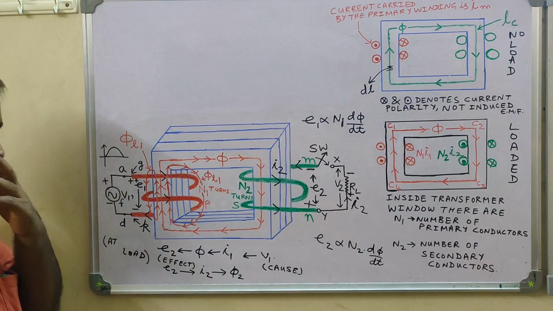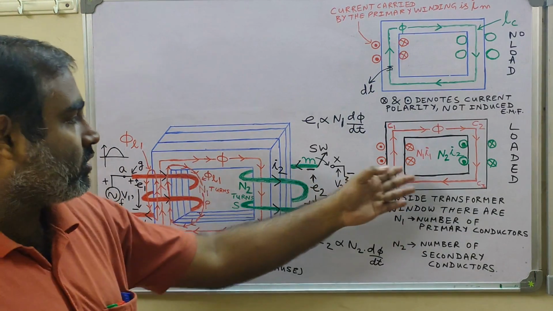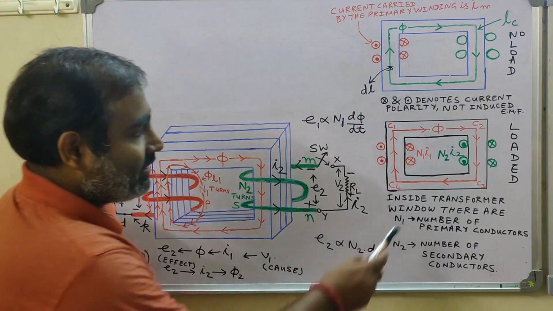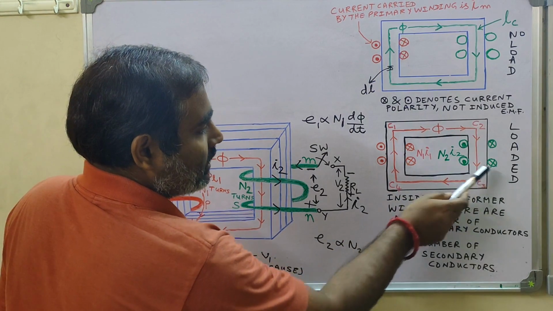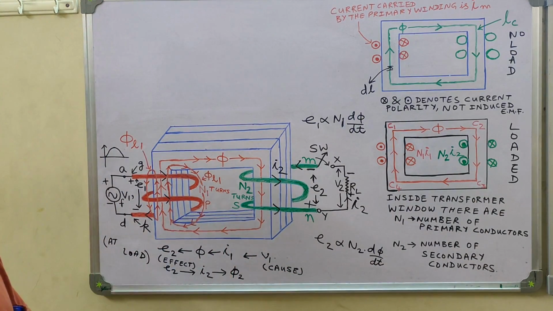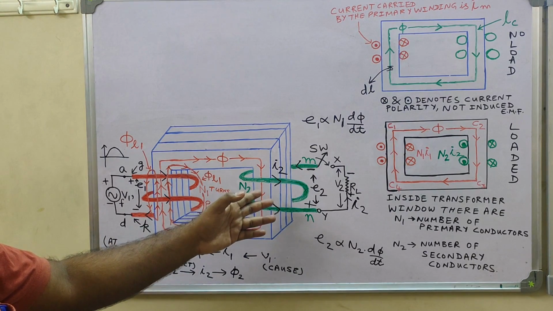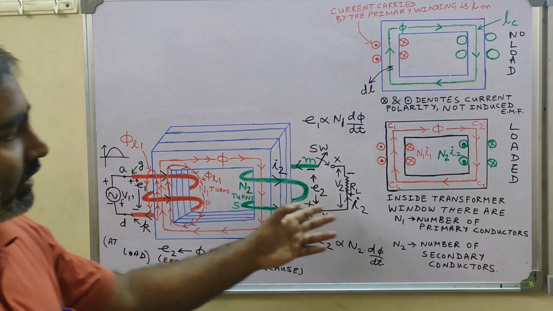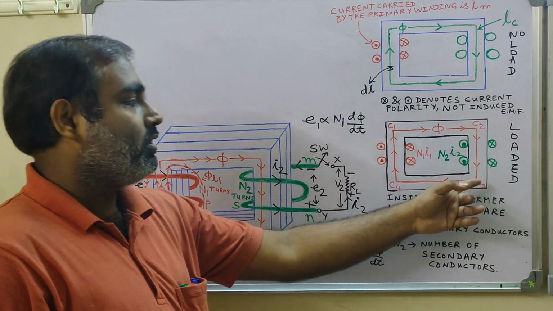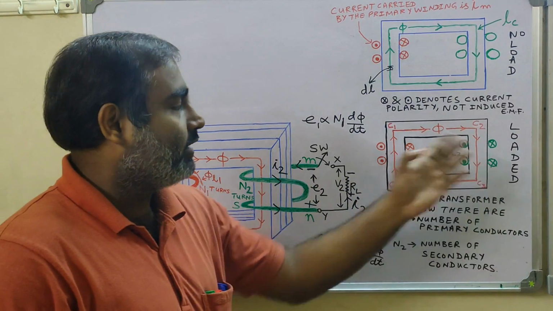In the cross sectional view of the loaded transformer, the dot and cross are indicated for the secondary conductors, because when the transformer is loaded, the secondary winding will carry current. So if the secondary winding is carrying current, we have to indicate the dot and cross for the secondary conductors.